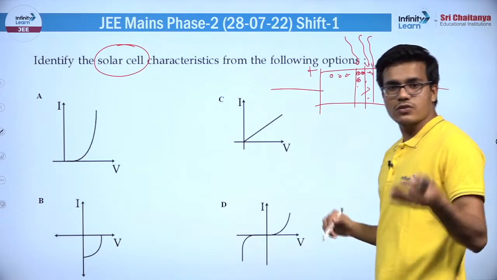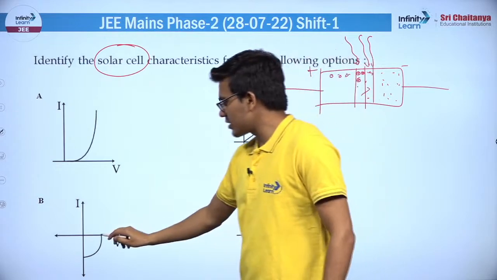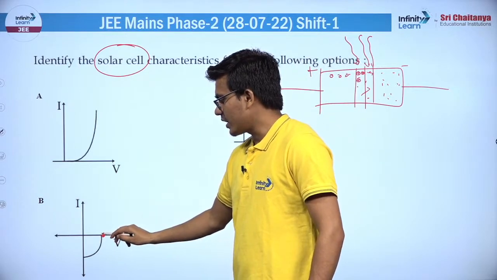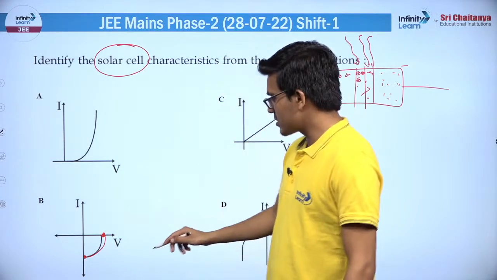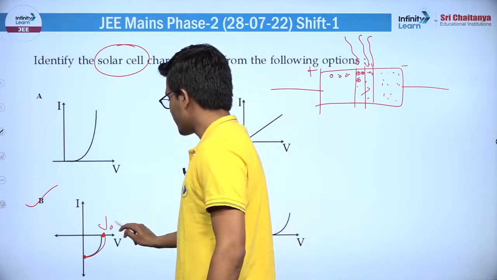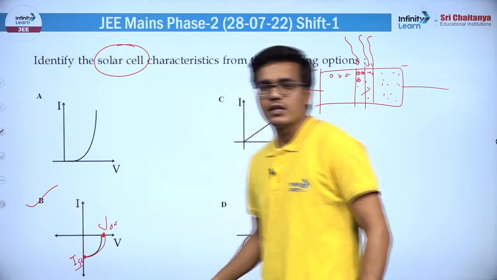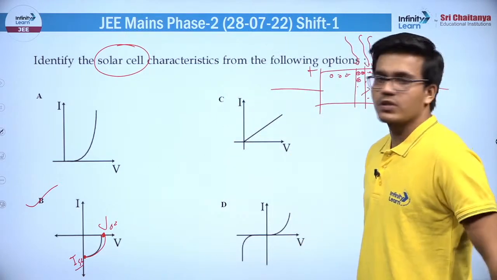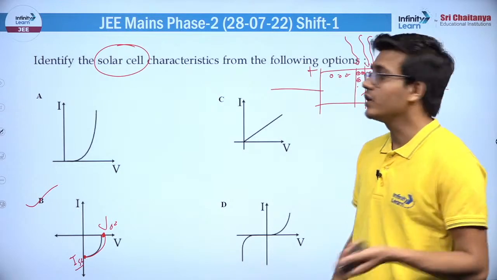Initially there is no current and potential, so the graph should start like this. After that you will have no potential difference and maximum current. So this is the graph for a solar cell, and this is known as open circuit voltage, and this is known as short circuit current. Direct theory based question, so students must remember the graph for solar cell as well as for LED.